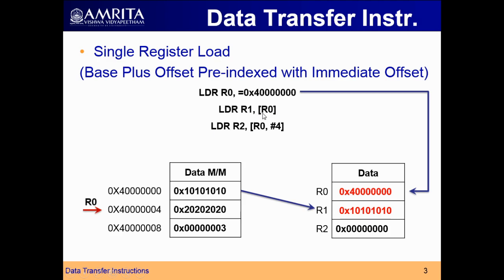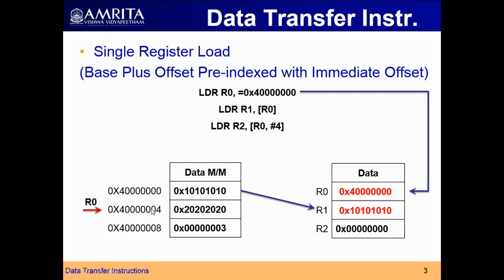Bracket R0 means you are going to load the content of data pointed by R0. Similarly, here in bracket one more value is there, that is #4. What does it mean? The address present in R0 will be incremented by 4. So what does it mean? Content of R0 or address present in R0 will be incremented by 4. That means you are incrementing the pointer R0 to 4004. And since you are having this bracket, what does it mean?